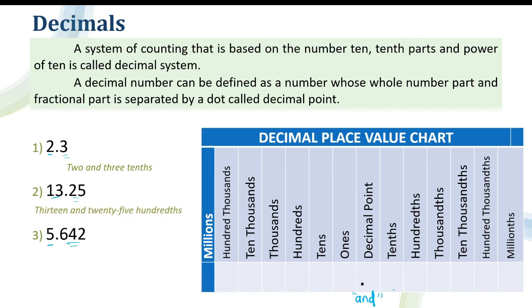And the last one is 5.642. The last digit is in the thousandths place. So this is read as 5 and 642 thousandths. So, nireview natin kung paano yan basahin kasi yung method na yan ang eksaktong way ng pag-transfer natin ng decimal into fraction form.